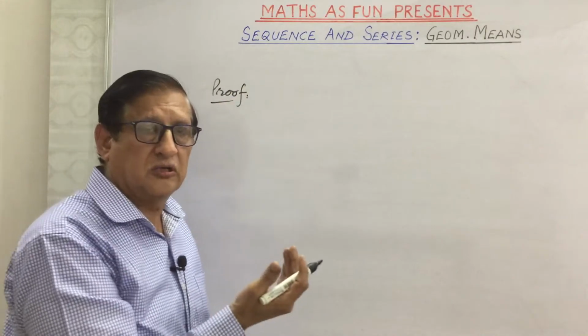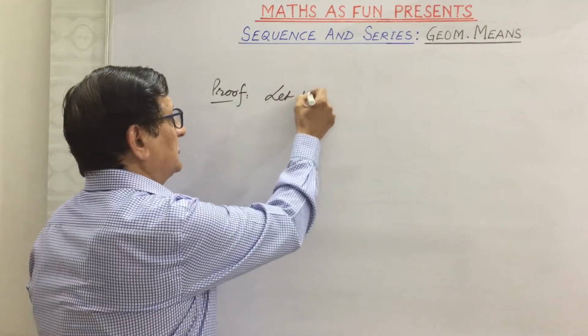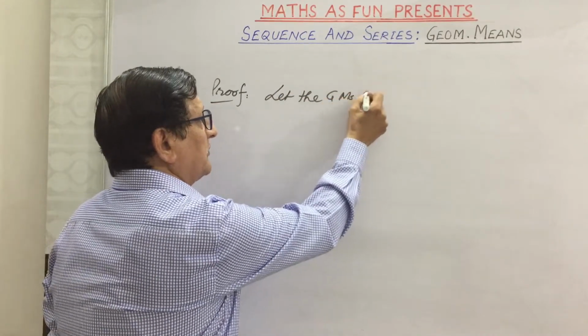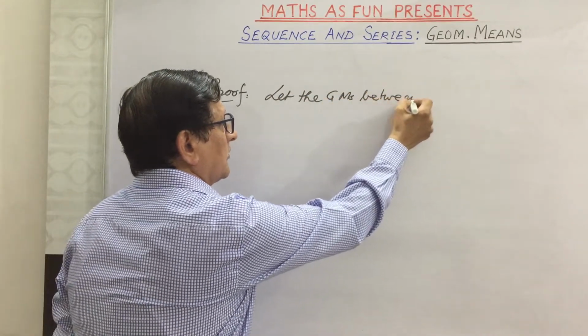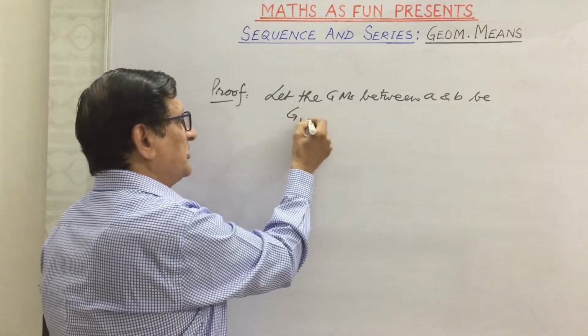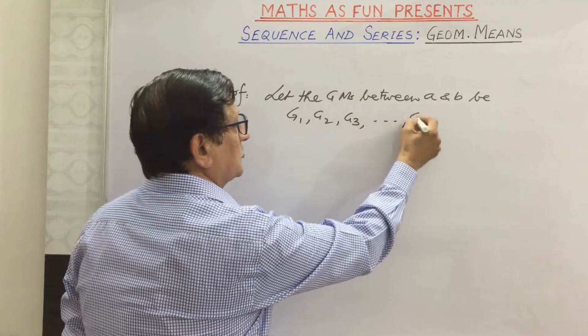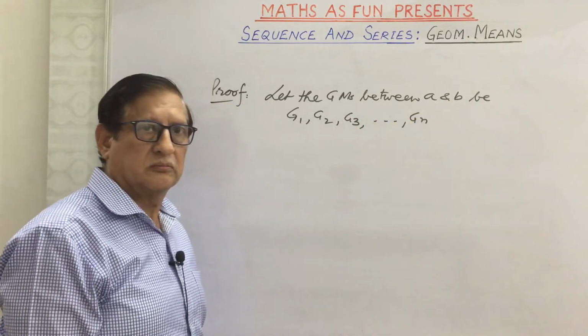To prove the second property, we go for the proof like this, that we consider the n geometric means between A and B. Let the geometric means between A and B be G1, G2, G3 and so on Gn.